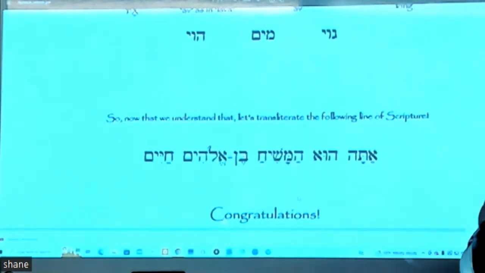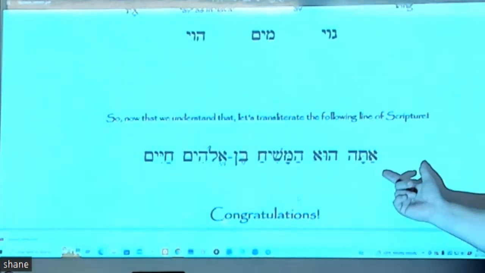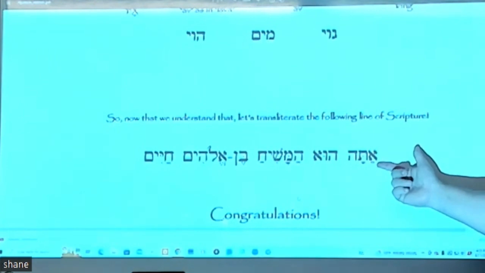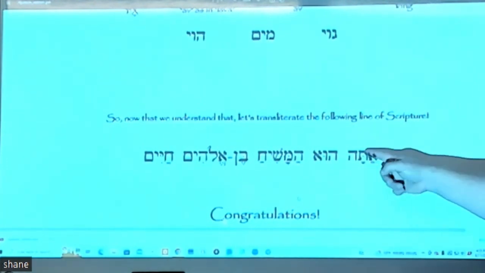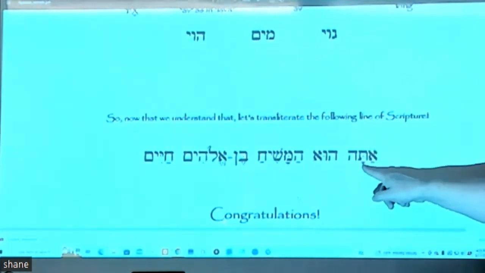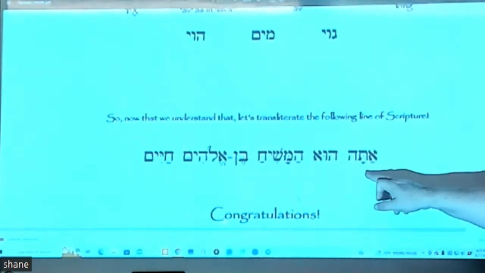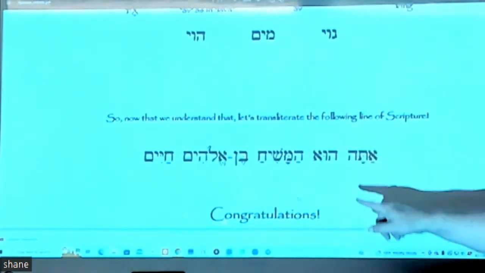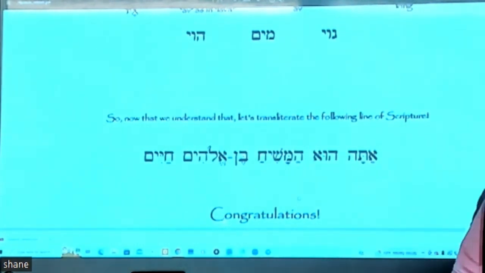But since we're following another vowel point, we're going to double that, right? So what does the first syllable go from being to what? At. Then we pick up the second tav and the vowel point, which in this case is actually kamatz hey. So that gives us what sound? Ta. So the word is ata.